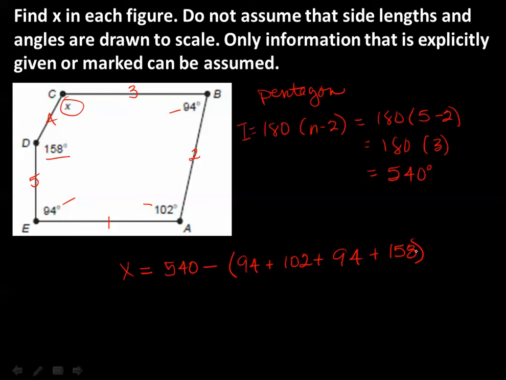It helps me not make many mistakes. So I'm adding all these guys up. So I'm going to get 540 minus 448, which equals 92. So x up here equals 92 degrees.